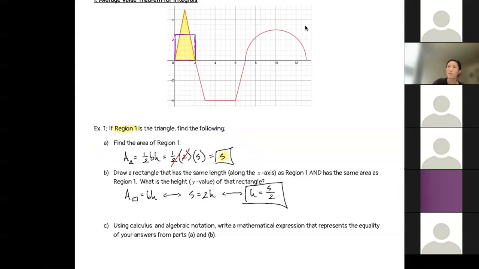Like, what kind of notations would help us out here? The integral, very nice.